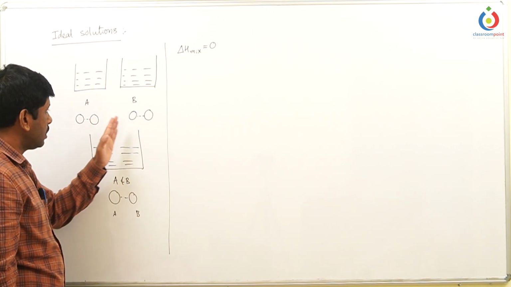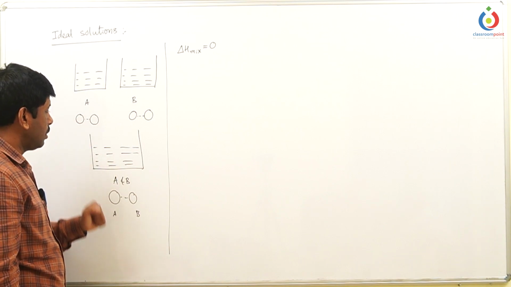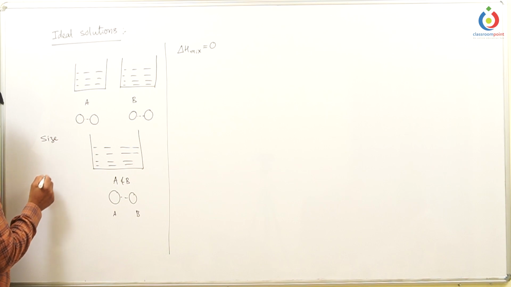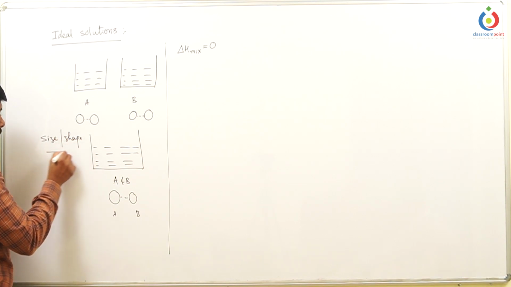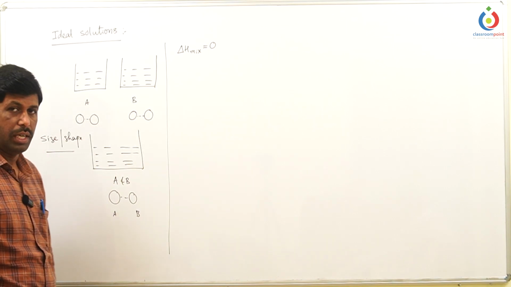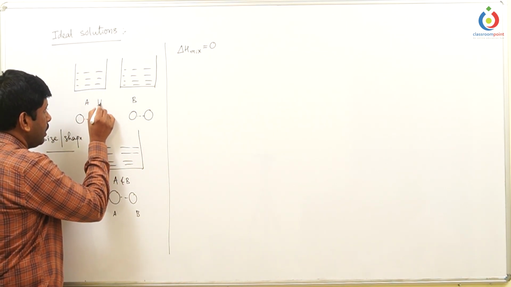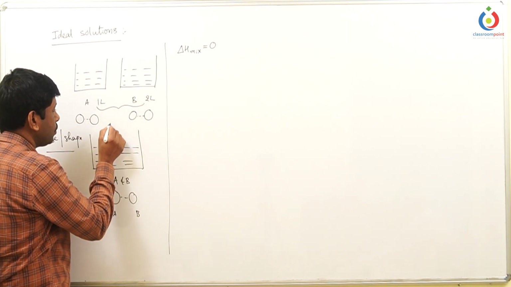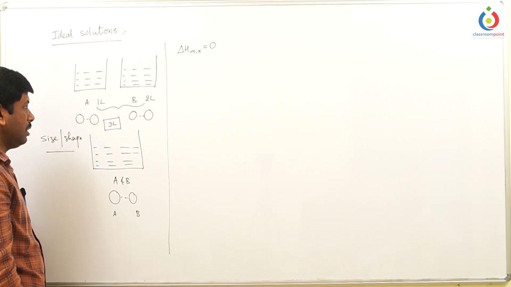And these ideal solutions should have not only similar interactions, but also similar size and shape. If they have similar size and shape, then if you take 1 liter of liquid A and 2 liters of liquid B, by mixing these two you get exactly 3 liters of the AB solution.